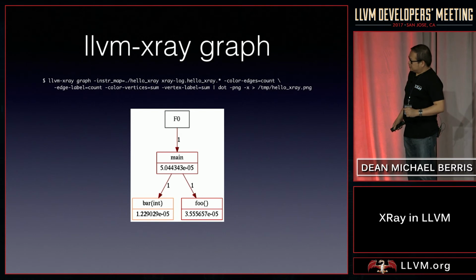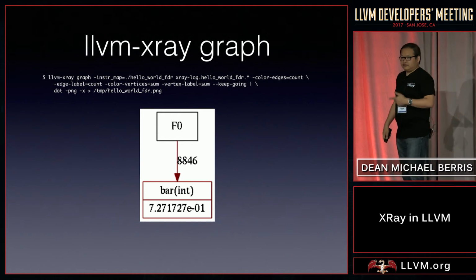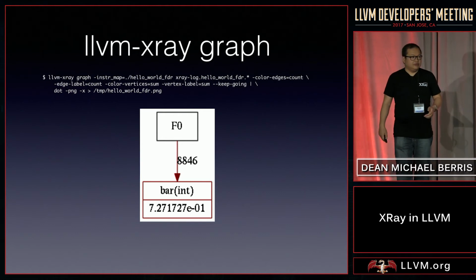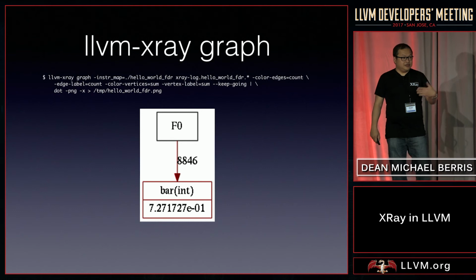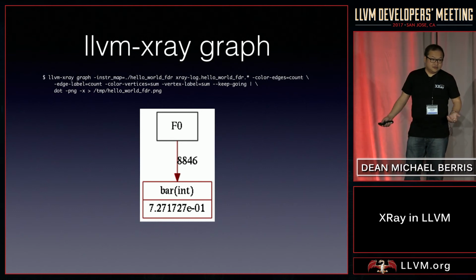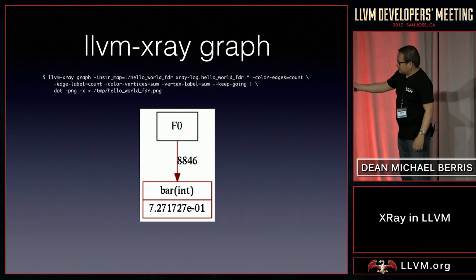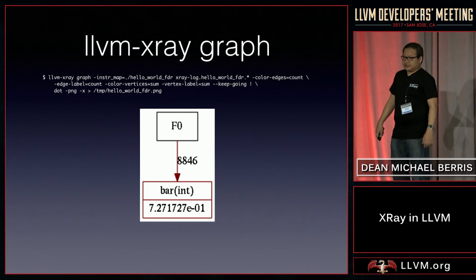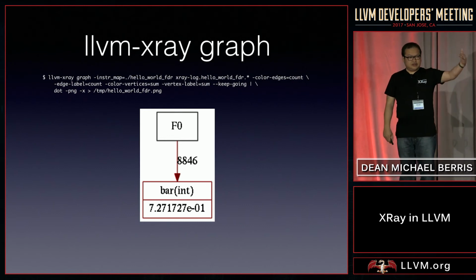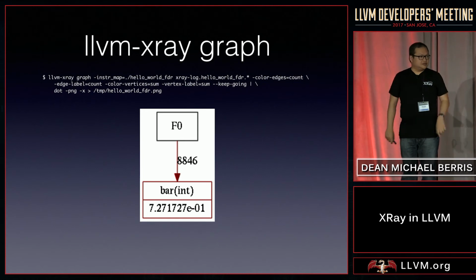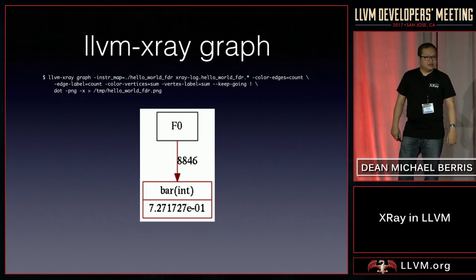In this case, it looks like foo was taking more time than bar. This is the FDR mode log, which isn't very helpful because we have one function being called in a tight loop in 2 threads. But it shows up as this, and you can say, well, it was called 8,846 times between the time it started and I entered stop in the command line, right?